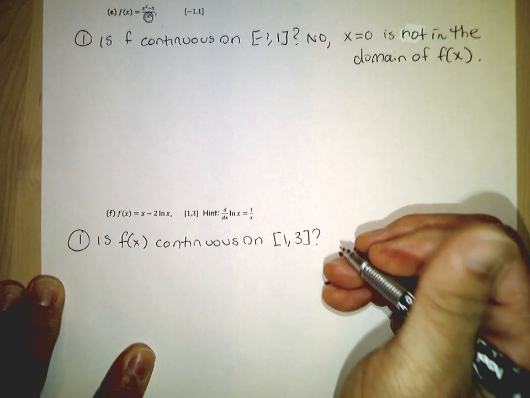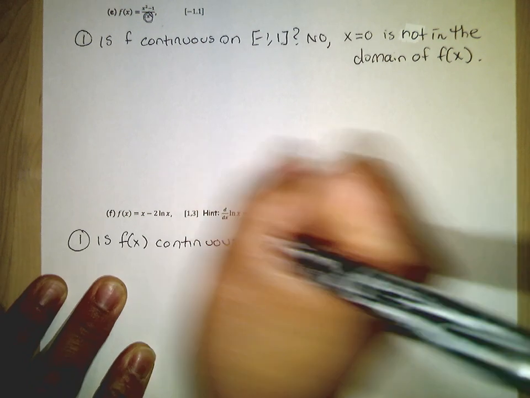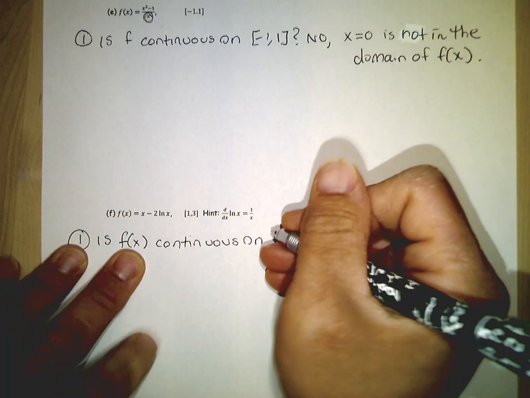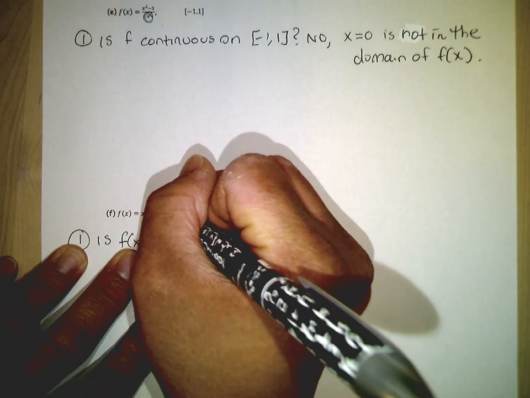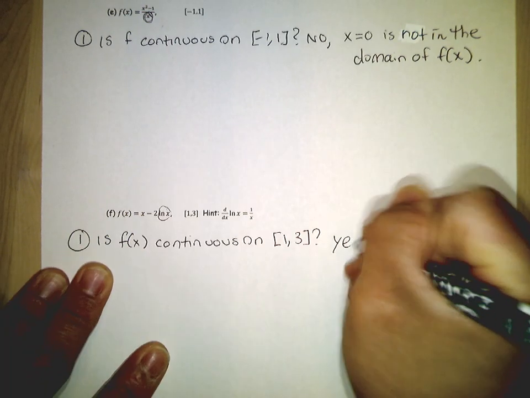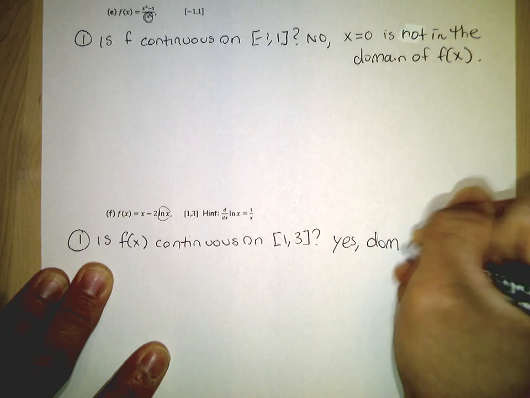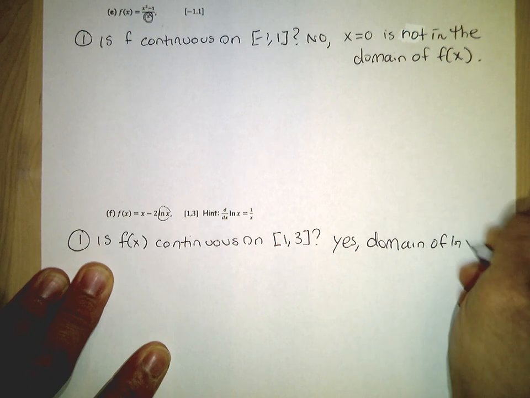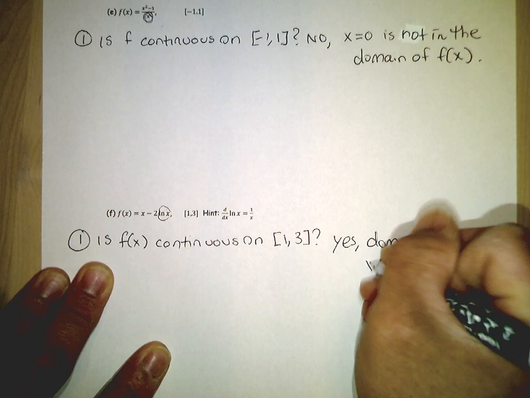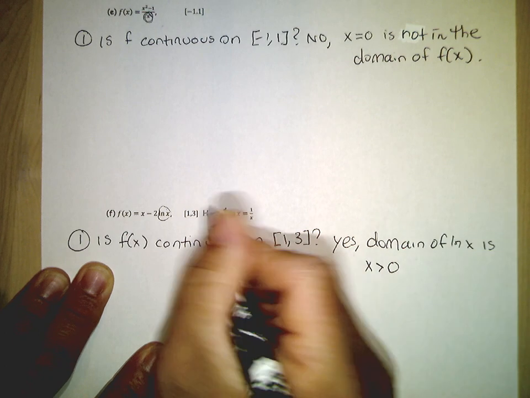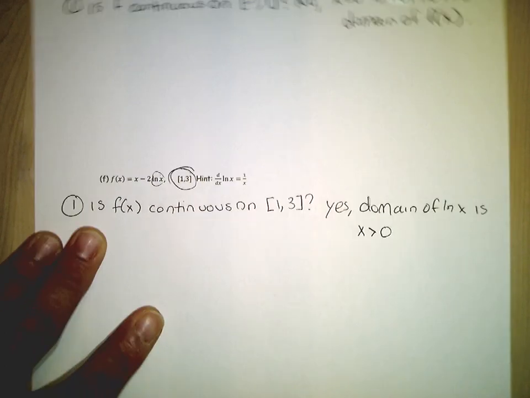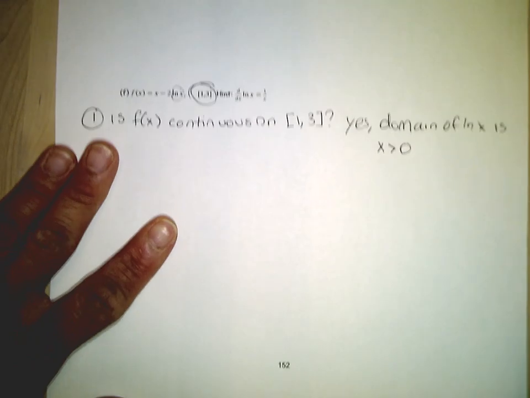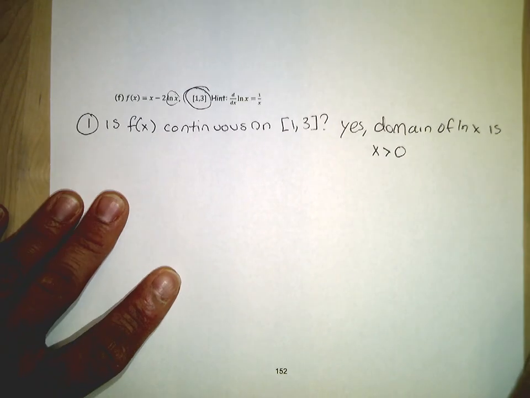Well, yes, because I know that the domain of the natural log of x is x greater than 0, and we're only looking on the interval from 1 to 3.